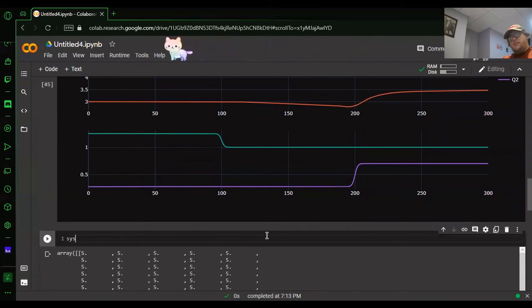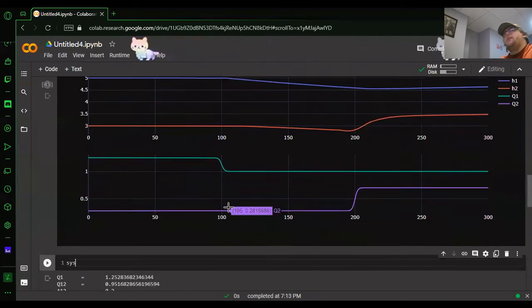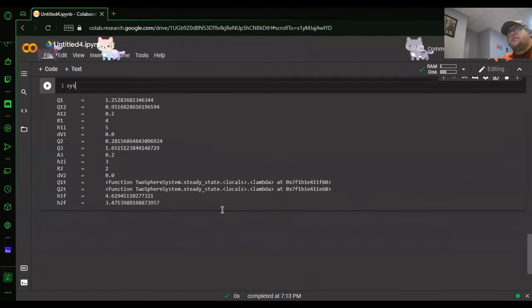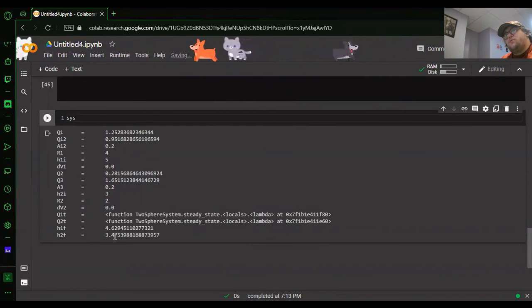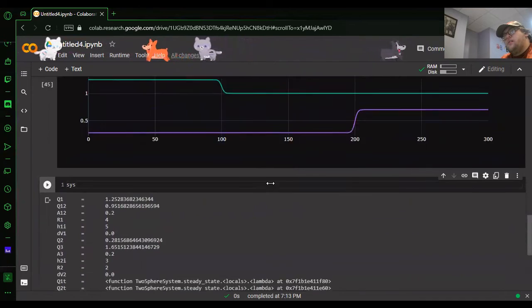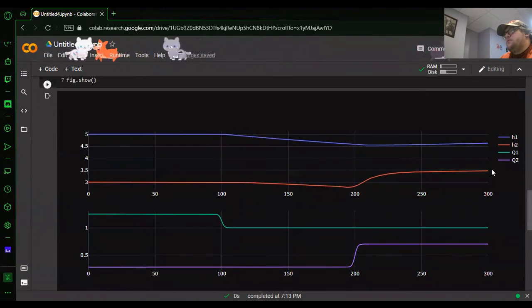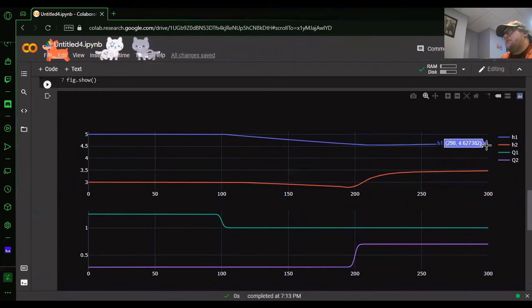So if we look at our system one more time, after our 300 seconds, just ignore the Q1T, Q2T real quick. You see our final heights of 4.62 or 63 if you want to round it, and 3.48, which are just these very last dots right here.